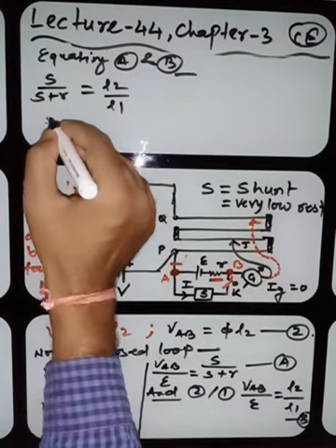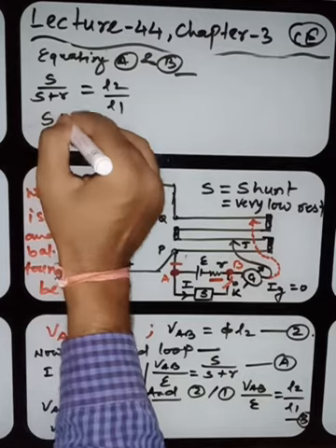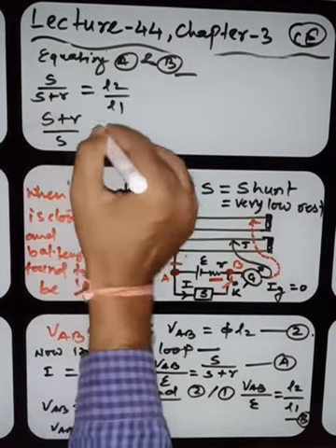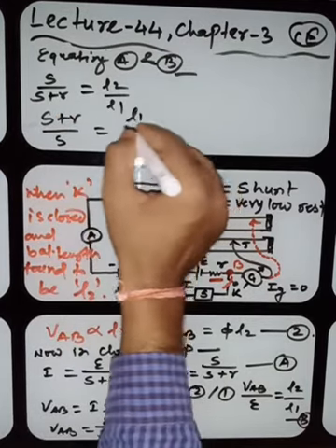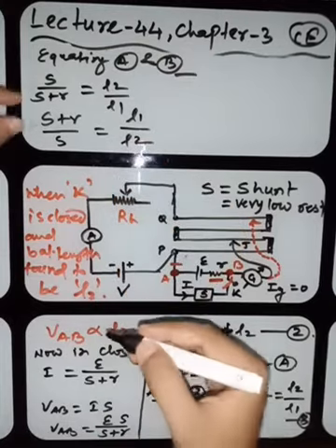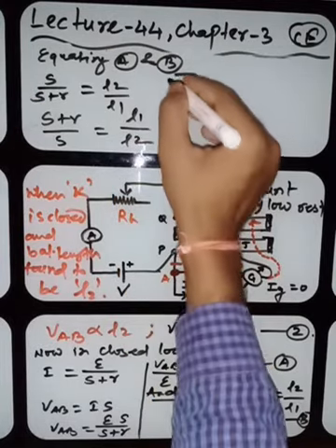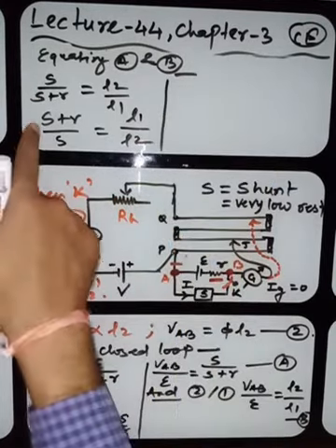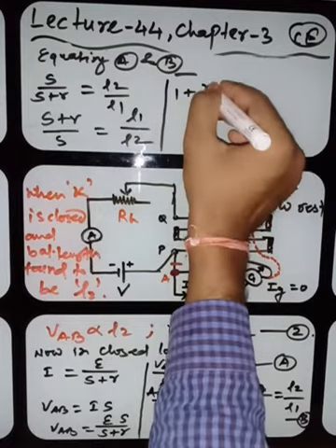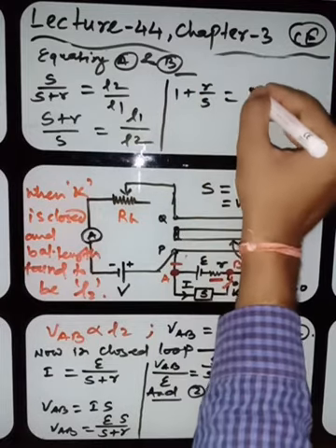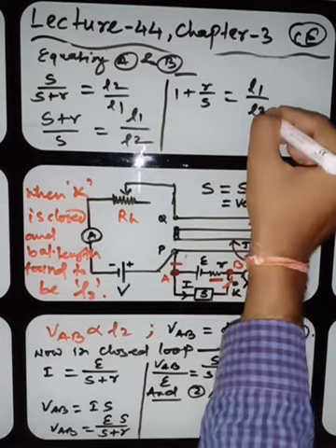So S plus R by S, we get the reciprocal, L1 by L2, if we flip both. Now this is 1 plus R by S equals L1 by L2.